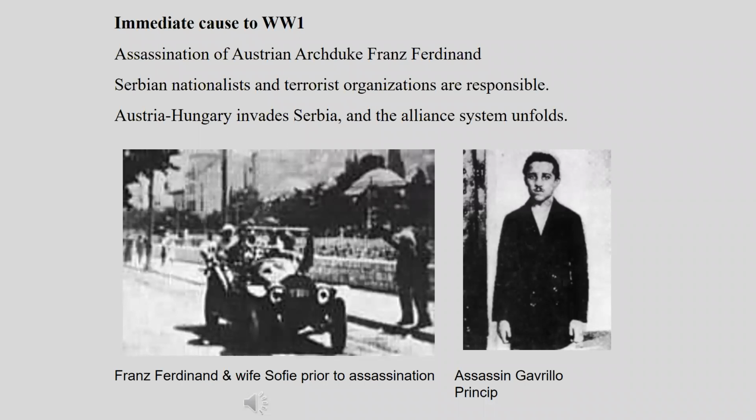Germany honored its alliance with Austria-Hungary and thus mobilized against Russia. Germany became even more aggressive and ultimately declared war on France and began its invasion of France through neutral Belgium. After this act of aggression, England would declare war against Germany, and the entire alliance system had unfolded by August 4th, 1914.